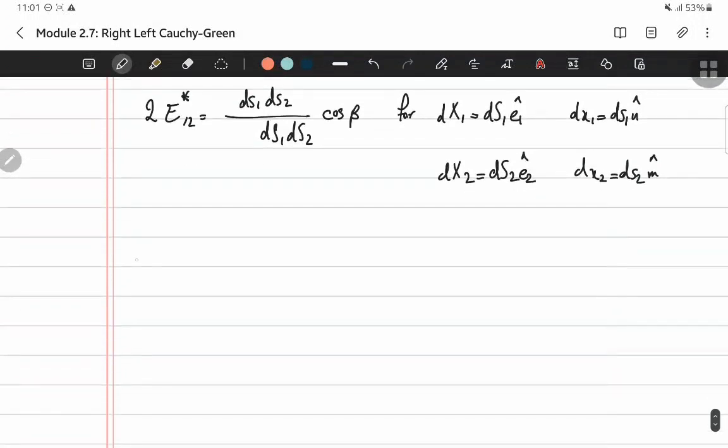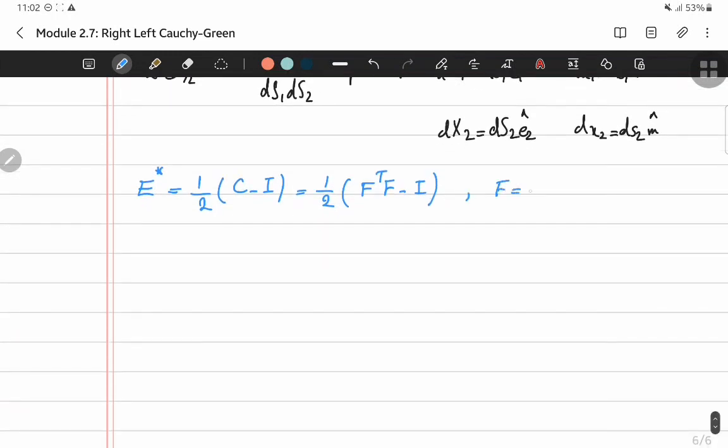You already learned that E star is equal to 1 divided by 2 times C minus I, and this C was F transpose F minus I, and we know that F is equal to del U plus I. Therefore, we can write E star as 1 divided by 2 del U plus del U transpose plus half of del U transpose del U.